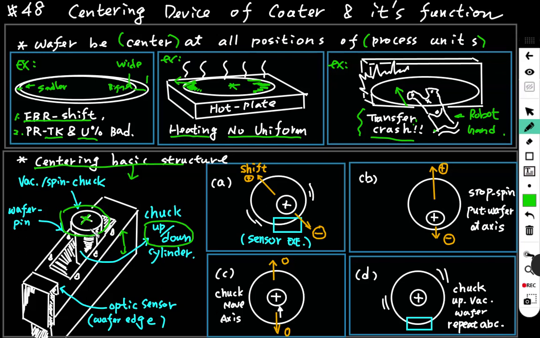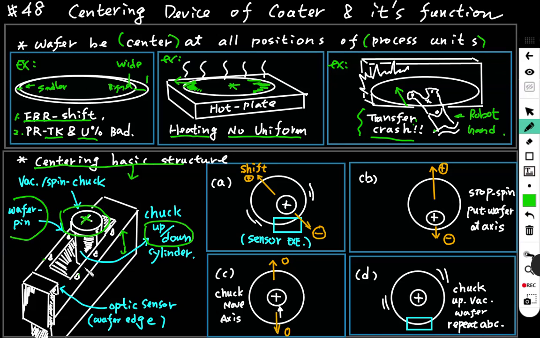The chuck starts baking to get the wafer at up position, and the chuck has no vacuum, and goes down to put the wafer on the wafer pin.